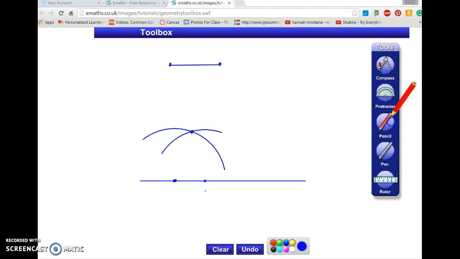And then I'm going to take my straight edge and connect my two points. I'm not very good at drawing on this, but you get the idea. And there I've created it. I think this needed to come this way more, so let's see if I can do this.